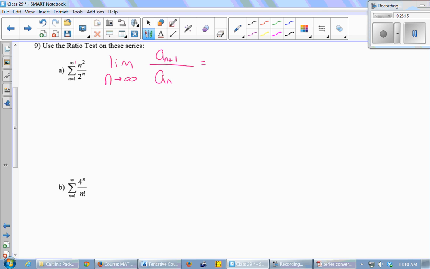What's written here is a generic formula for the nth term, right? So the n plus first term would be (n plus 1) squared over 2 to the n plus 1. I just replaced all the n's in this formula with an n plus 1. And then I'm going to divide by the nth term, n squared over 2 to the n.